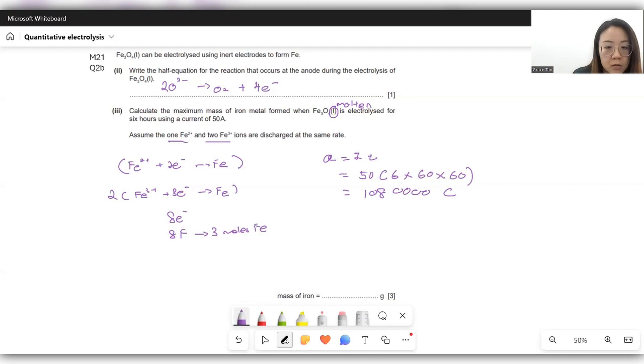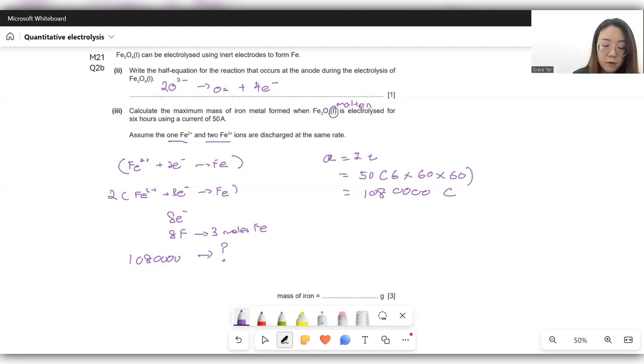Now, theoretically you need 8 Faraday to give 3 moles. You only use 108,000 coulomb. So how many moles are obtained here? Let's do the calculation: 108,000 divided by 8 times 96500, times 3.